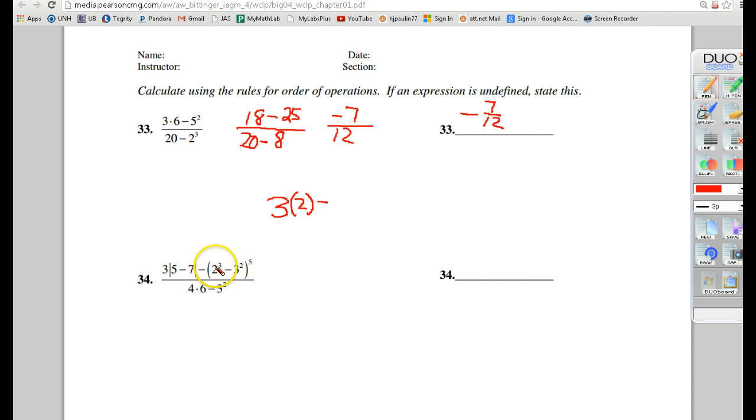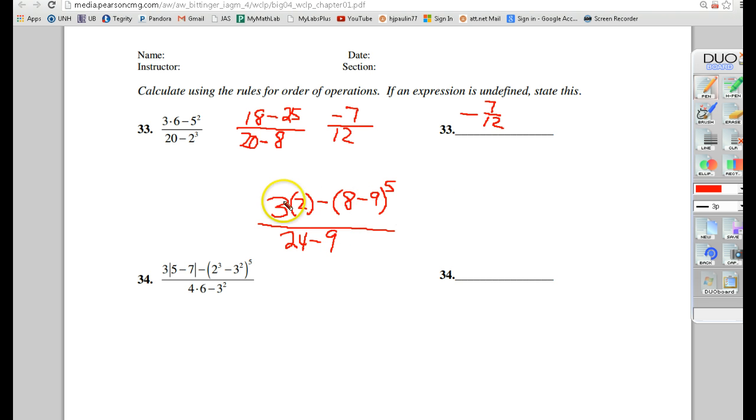Now 2 to the third power is 8. Minus 3 to the second power, which is 9. And that raised to the fifth power. Okay. And that's all over 4 times 6 is 24. Minus 3 squared is 9.